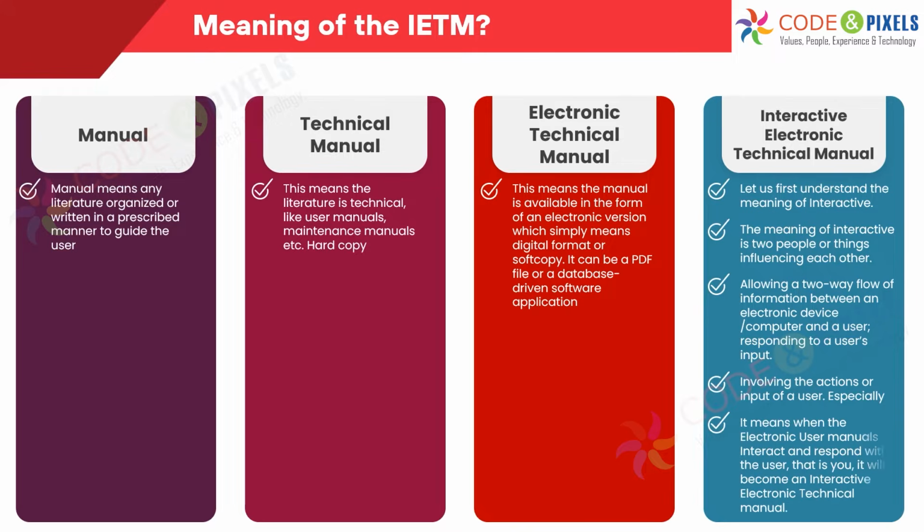Especially, it means when the electronic user manuals interact and respond with the user, that is you, it will become an interactive electronic technical manual. So, how will the manual respond to you and your question? Let's see.